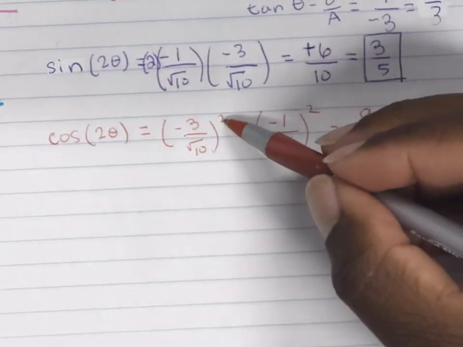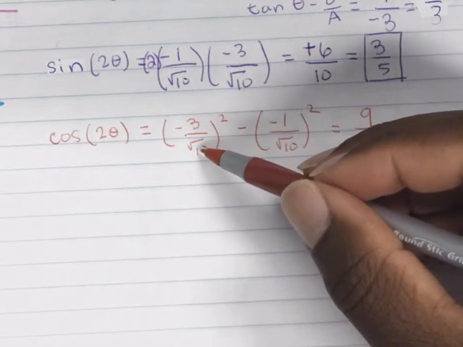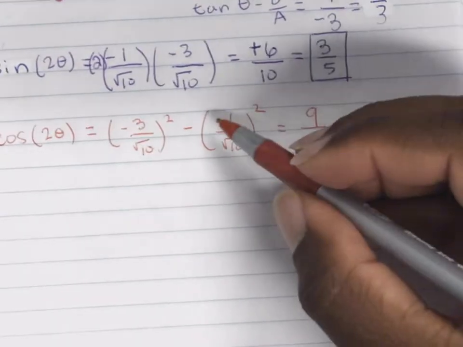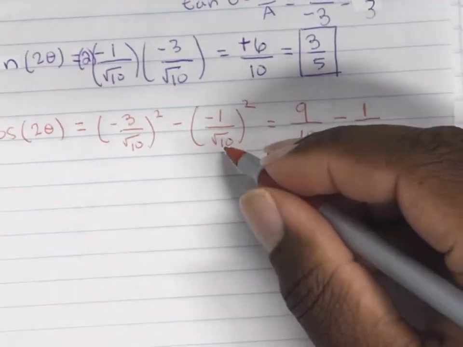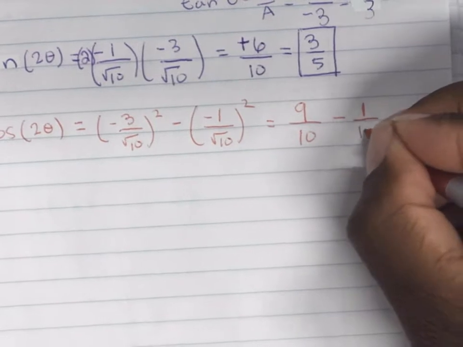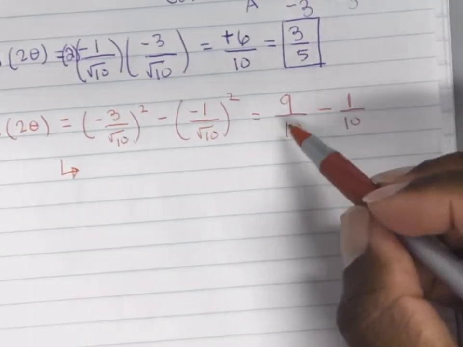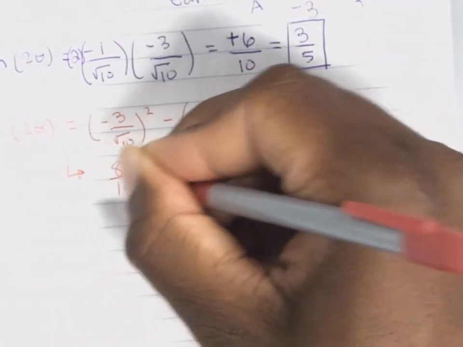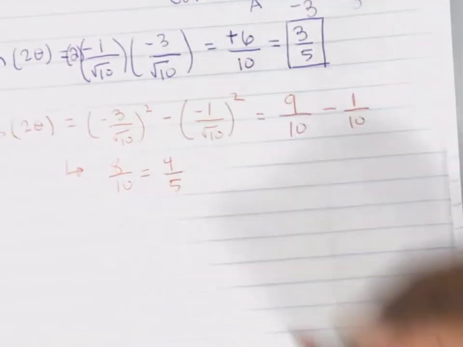And remember, when you square this fraction, you square the top of it and the bottom of it. So root 10 squared is 10 minus -1 squared is +1 over root 10 squared is 10 also. I can do 9 minus 1 and I get 8 over 10, which simplifies to be 4 over 5.